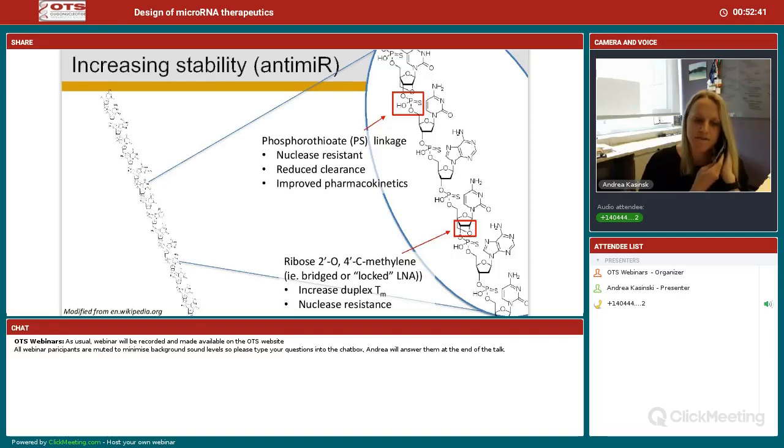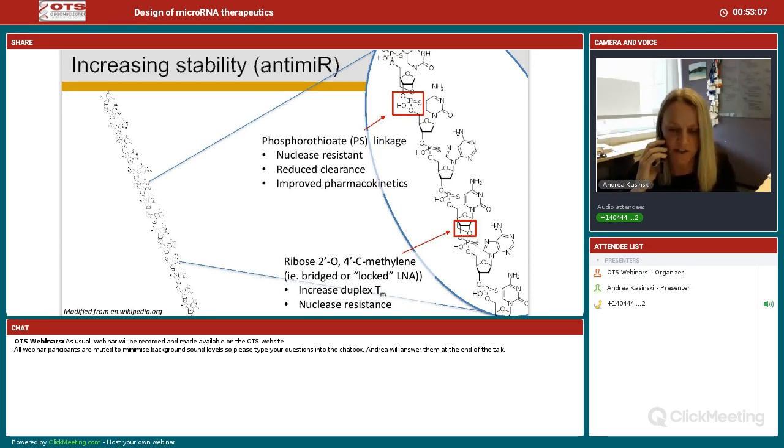And this is being capitalized even further in the field where there are anti-miRs that are roughly 8 nucleotides in length. And the benefit to those molecules is that you can generate a single locked nucleic acid anti-miR that targets an entire family of microRNAs by just really targeting the seed sequence. And because of that high thermal stability, a single anti-miR can target the entire family.